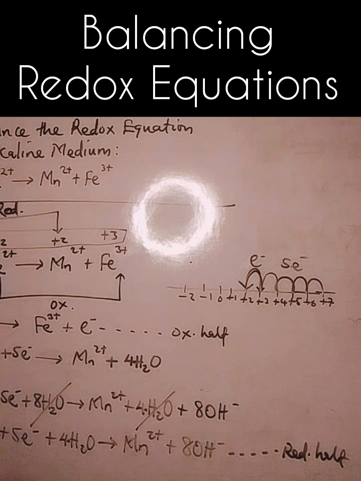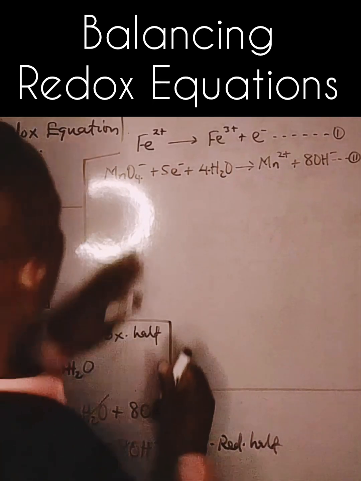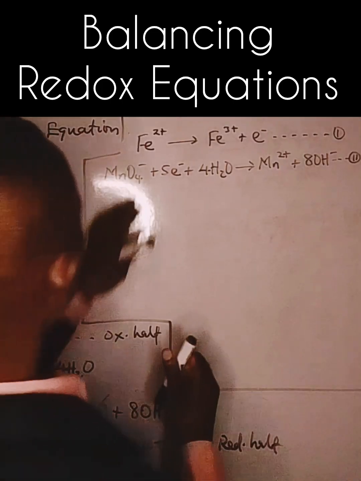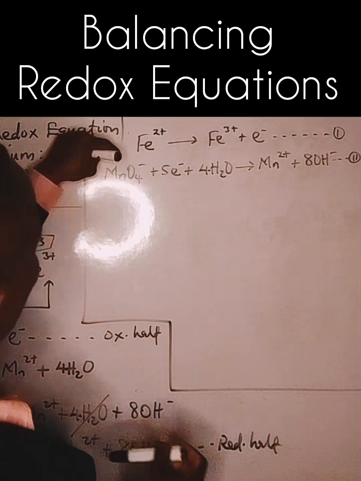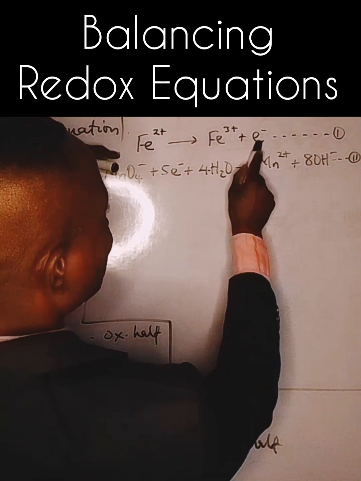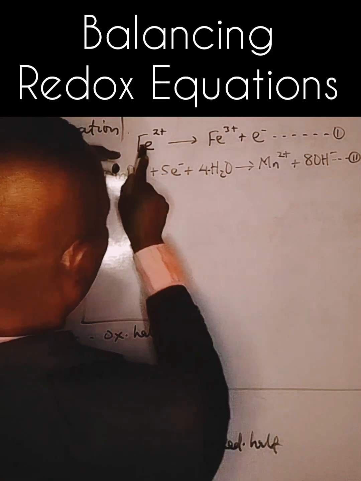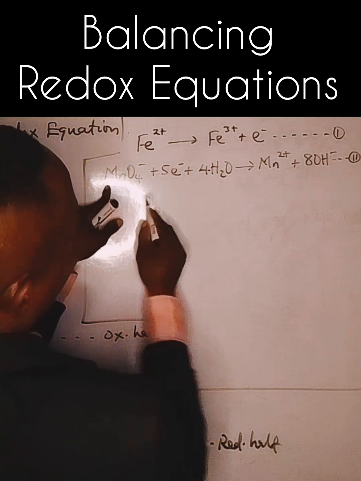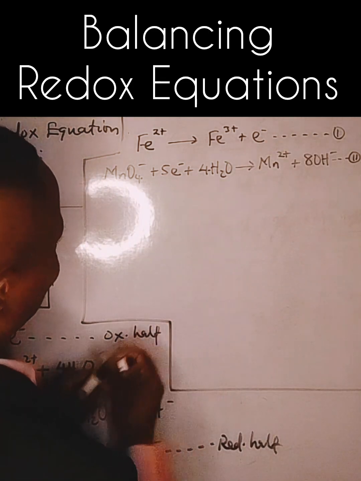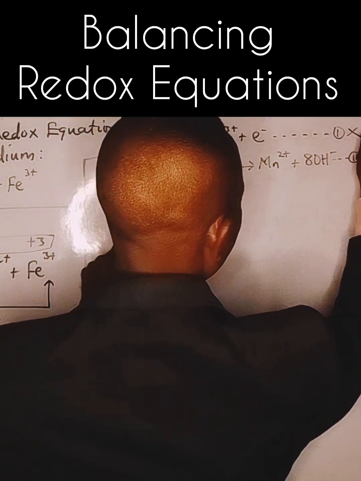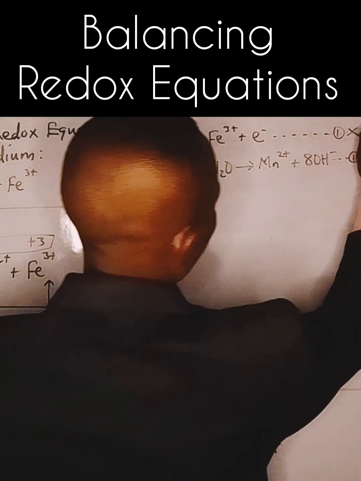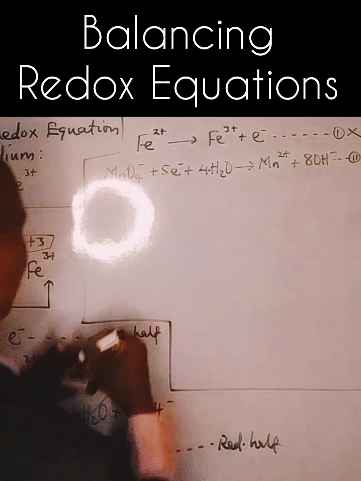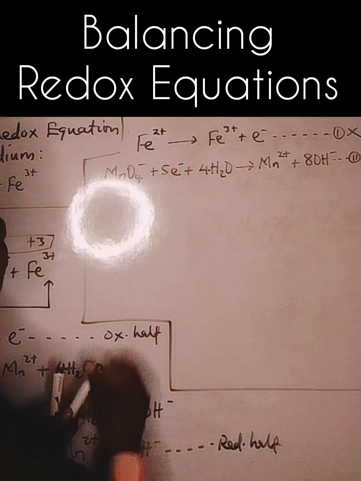Now, the next is to add these two half equations. I will bring them together first. So these are the two half equations. In order to add them, remember, 1 electron was lost by this ion, and 5 electrons are needed by manganese 7. Therefore, we must balance the electrons by multiplying equation 1 by 5, and equation 2 by 1. This is simultaneous equation.